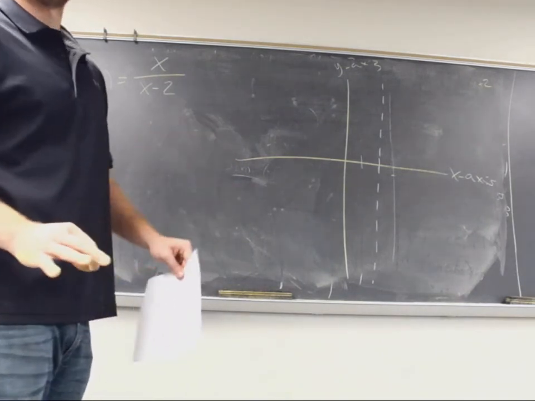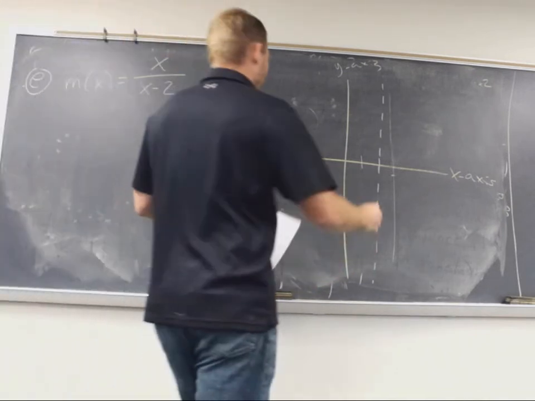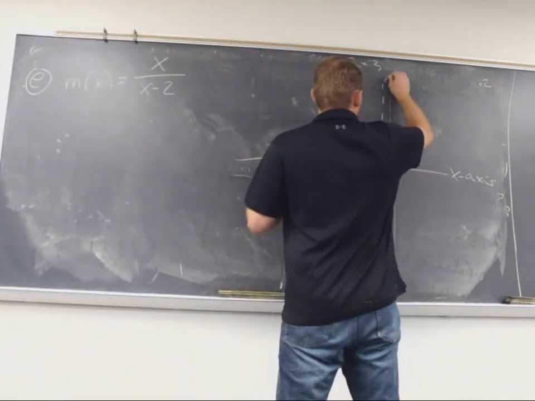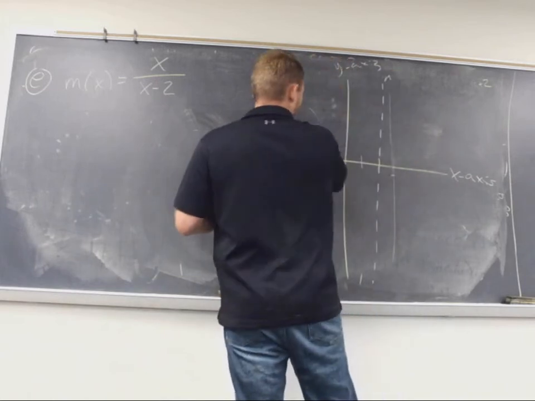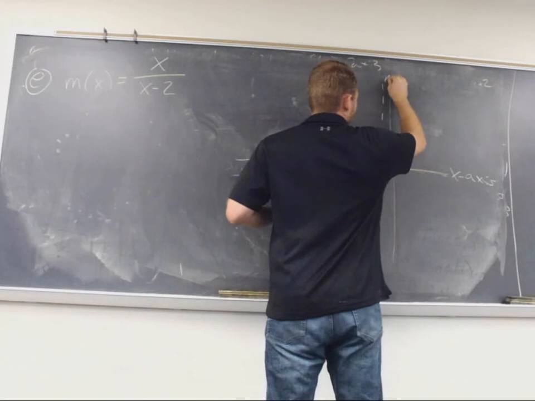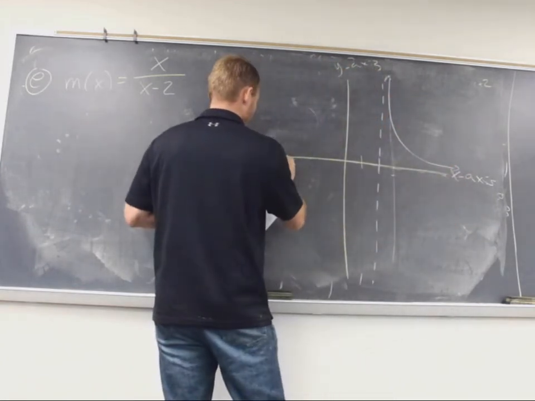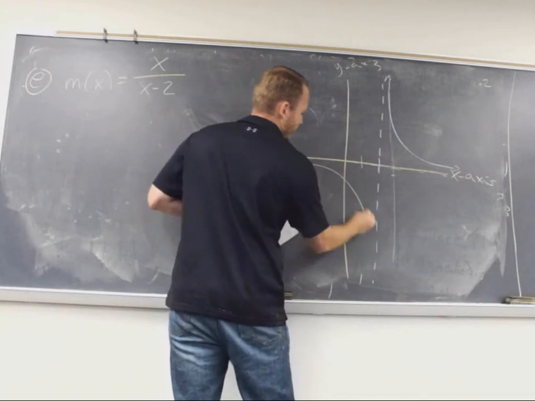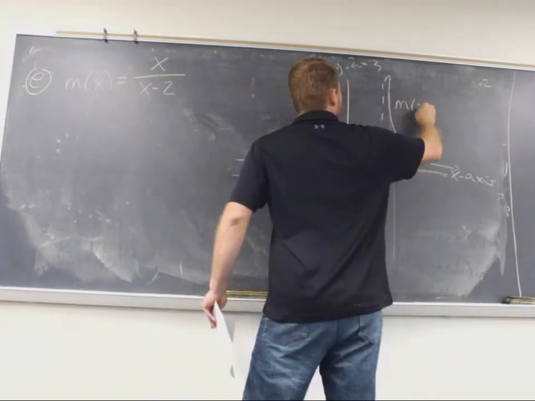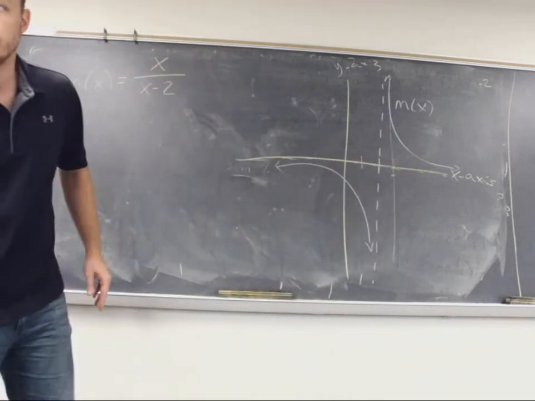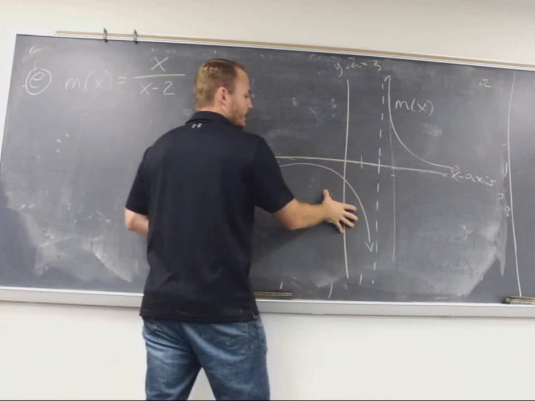So don't really worry about that right now. Just know that my graph is never going to touch that line. All right, and it looks like this. And there's actually one, and it's never going to touch 0 either. So it looks like that, and looks like that. So that is my m of x function. All right, it looks like two different graphs, but it's not. M of x is this and it's this.